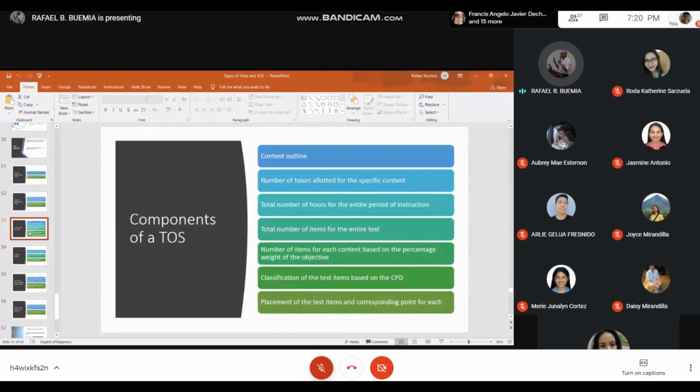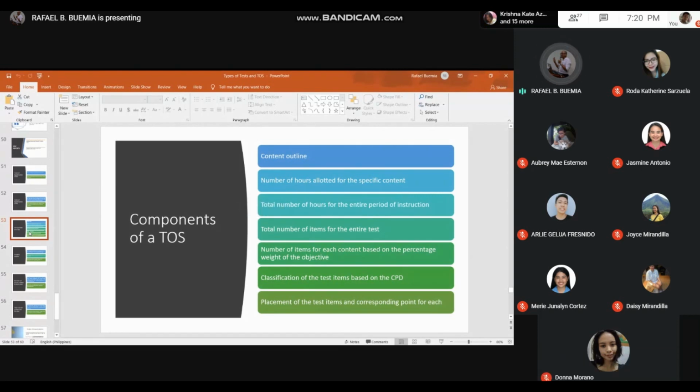Okay? Then the next column will be total number of items. Then at the bottom ng column na yan, na number of hours, you will be able to get the total number of hours devoted for all the objectives already. Okay? Or for the whole quarter, as the case may be, or for the whole semester.